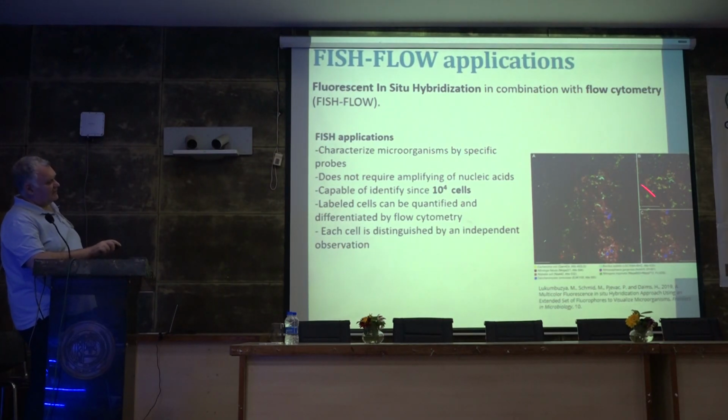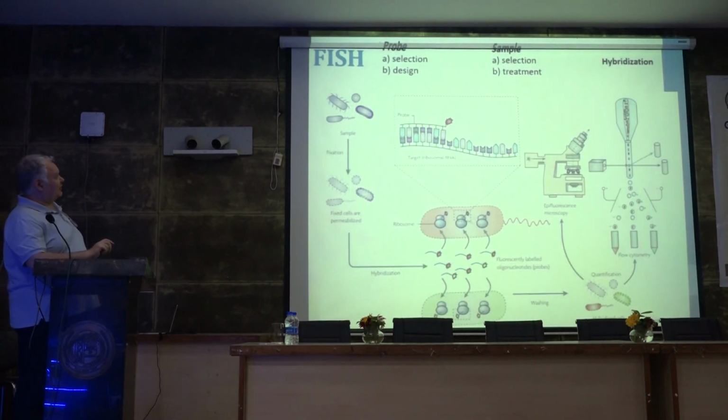But this image was telling you something: I have live cells, I have dead cells, I have cells that I'm targeting, but how much? It's a nice image, but not really giving you the significance of this treatment, because you have the cells, but they are too many, they are fewer, they are acceptable, they are not acceptable. The idea is to combine the fluorescent in situ hybridization with flow cytometry, and then you can make a quantification.